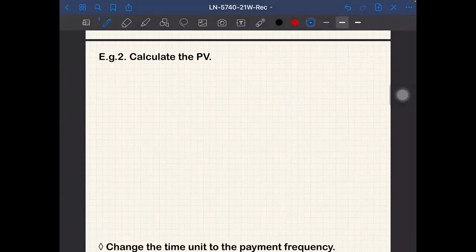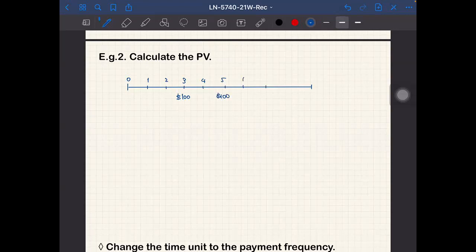Okay, so the next example, we want to calculate the present value. Think about the timeline. It starts at time 0 and ends at time 9. The first payment is made at time 3, and the second payment is at time 5.